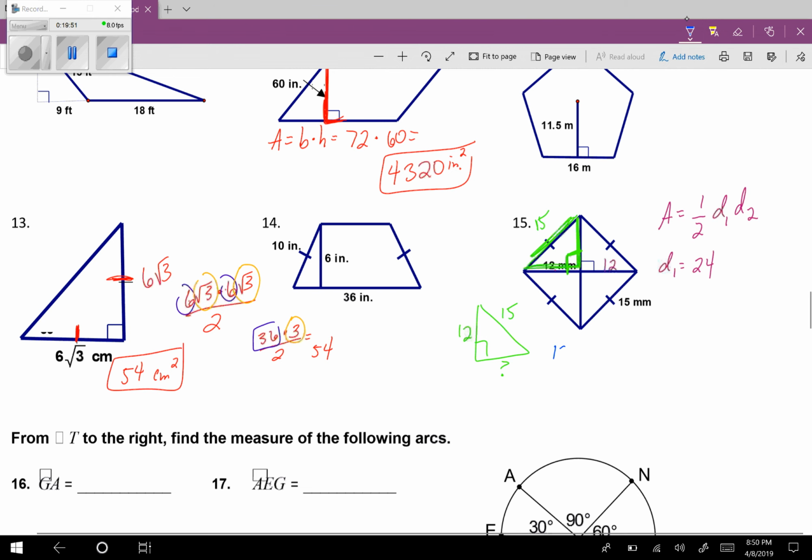So 12 squared, that's what I'm going to call a, plus b squared equals 15 squared. So 144 plus b squared is equal to 225, because that's what 15 squared is. And you just take 225 and you take away 144.